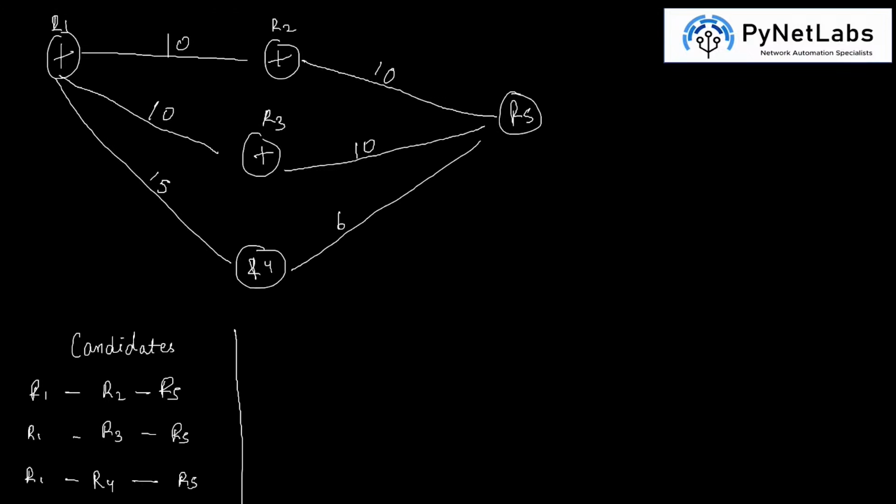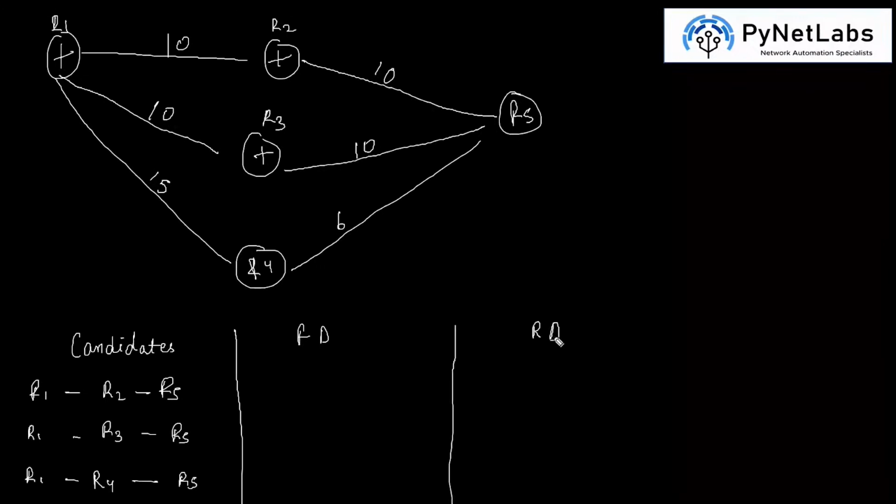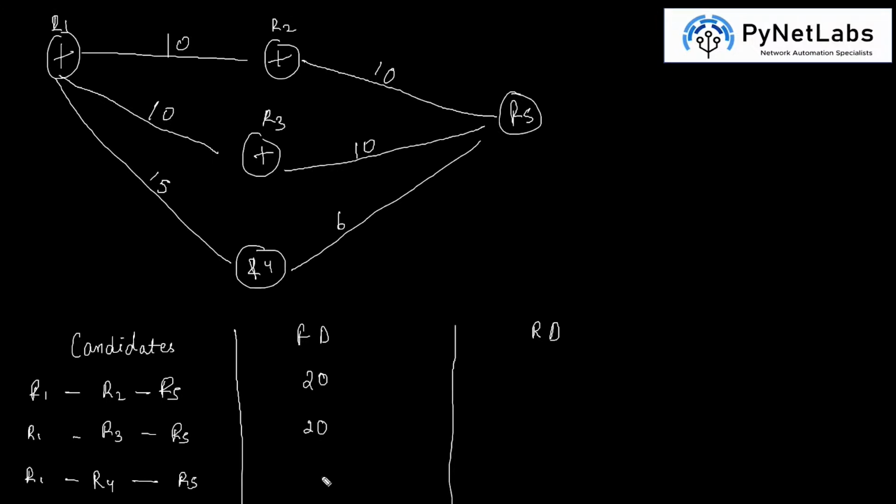So these are the available candidates which are there to reach the destination router. Then we have feasibility distance. Then we have RD. So I want you guys to answer this. What will be the FD for the route number 1? Let me know in the chat quickly. 20, right? So that's going to be 10 plus 10, which is the total cost from source to destination. Similarly, for the route number 2, we have 20 as FD, and for the third route, 15 plus 6, it's going to be 21.